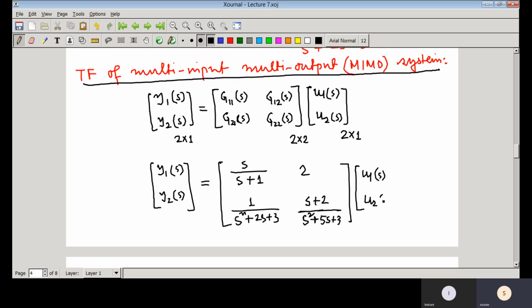So you can see here that this is a transfer function matrix. It is a 2 cross 2 transfer function matrix, and each one of them here is a transfer function.